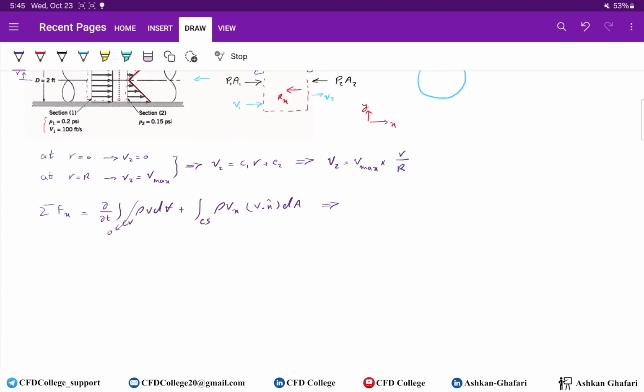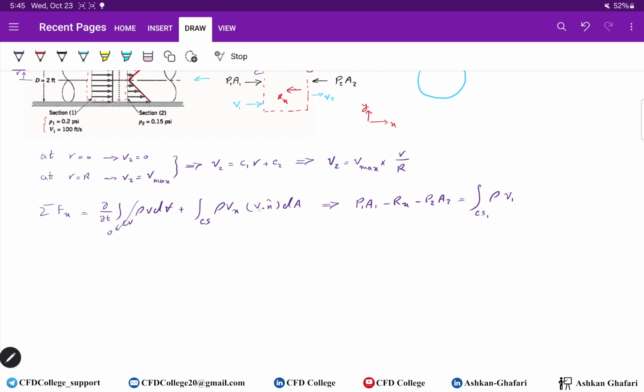So we have three forces: P1A1 minus Rx minus P2A2. Rx and P2A2 are in the opposite direction compared to x, and it's equal to, we have two control surfaces. On control surface 1 we have rho V1, which is constant and parallel to x.